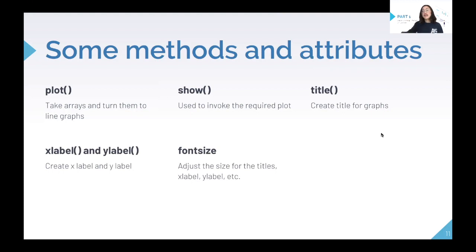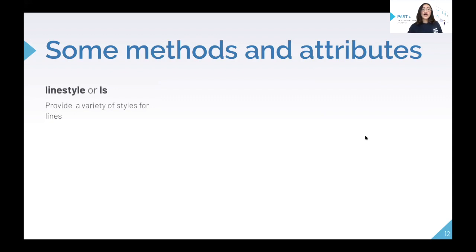You can put it in the title to make it bigger, or in the X label, Y label methods to make it smaller. Color, or c for shortcut, is another attribute to change color. Line style, ls, is a different style that you can make your line. You can make it one straight line, or polka dot, or a dashing kind of style.